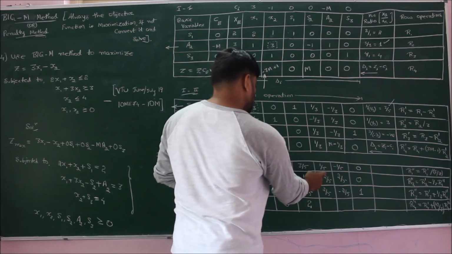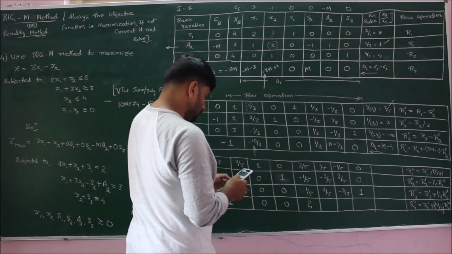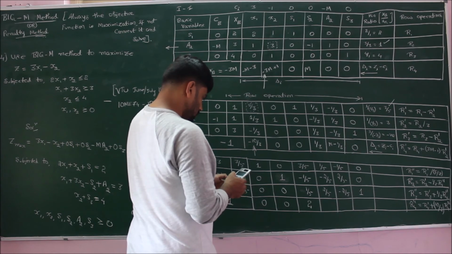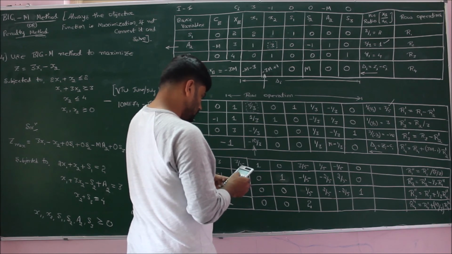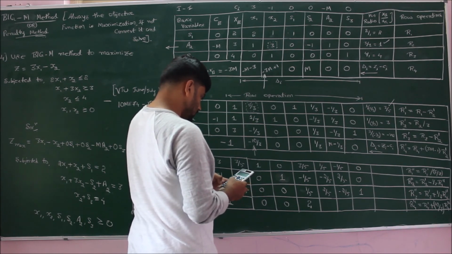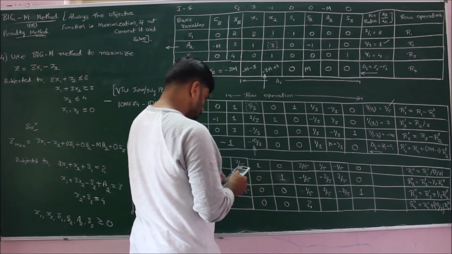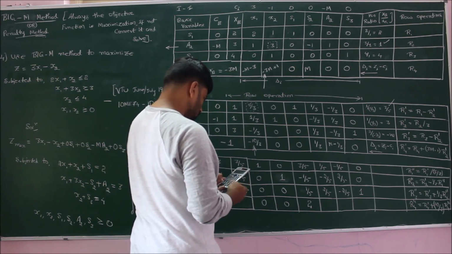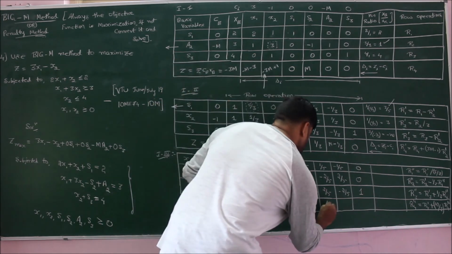Here we have 1 by 3, here we have 1 by 5. So therefore 1 by 3 plus 10 by 3 into 1 by 5. We'll get the value as 1.